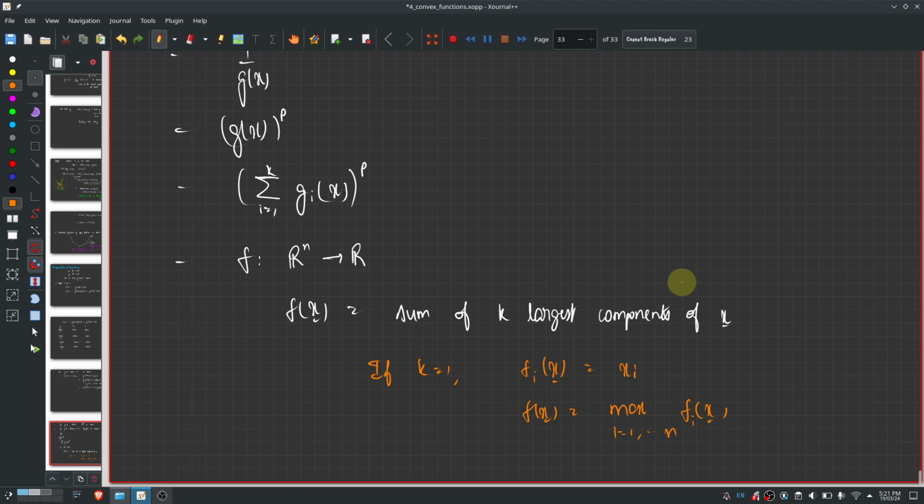But I'm saying that the sum of k largest components of x is convex. If we take a vector x and multiply it, find the k largest. Okay, you're thinking along the right lines, but can you be a little more precise? Which affine function will you consider?